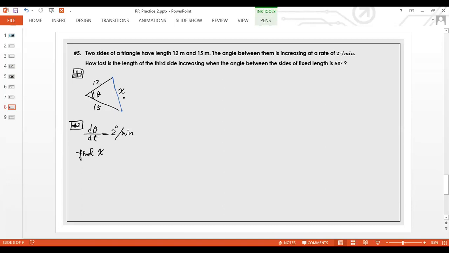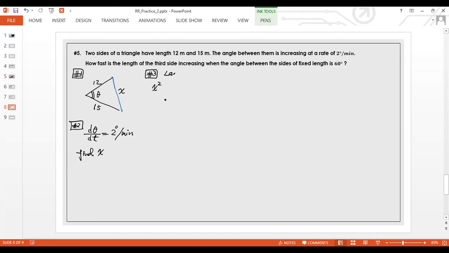Okay, so now step number 3 for this one. If you don't remember the trig, that will probably be a little bit difficult. So now I'm going to use the law of cosines here, all right? So this is x squared.